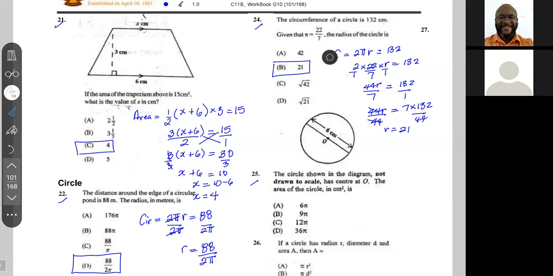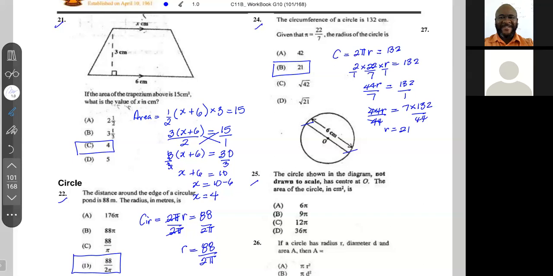25. It says the circle shown in the diagram, not drawn to scale, has center O. Then we're told to find the area of the circle in centimeter square. Well guys, this line here must be the diameter. How do I know it's the diameter?